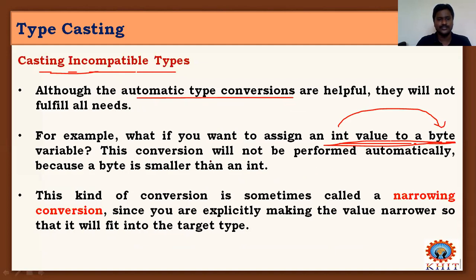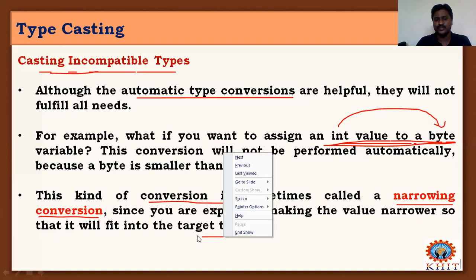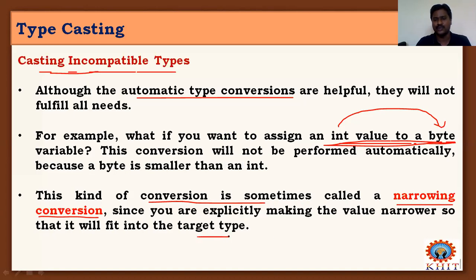So how is it possible? This kind of conversion is called a narrowing conversion, not a widening conversion. Here you are explicitly making the value narrower so that it will fit into the target type. We make that value narrow, and without any data loss we need to convert the value to the desired variable type.